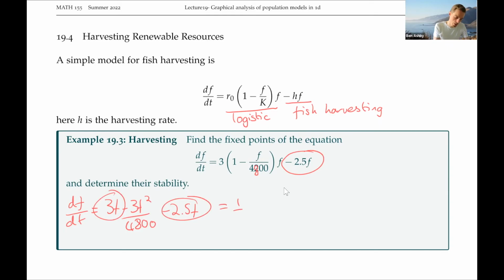This gives us half of f minus f squared over 1,600. And so what we're really doing is we're rewriting this as another logistic equation. Our growth rate is now half, and the term in the bracket is 1 minus f over 800. So we've adjusted the carrying capacity of this population. So this is just another logistic equation, essentially.